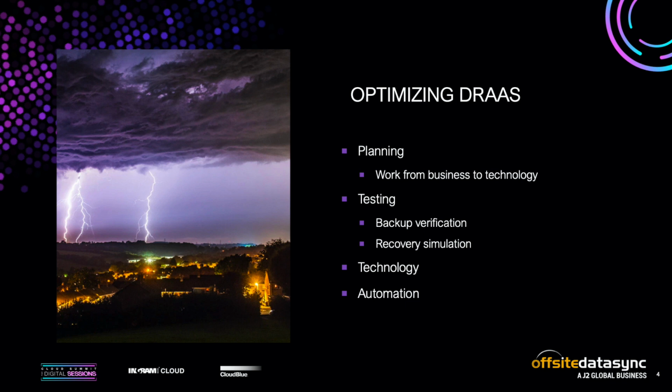The more complex the environment to recover, the more you need automation to create a runbook, an orchestrated script of everything that has to happen so that dependencies are in play. In my example of Exchange and AD, we know that AD has to come up first in order for Exchange to work, but for AD to work, you have to have DNS working, and you start having these dependencies. Automation takes care of all that and ensures a consistent and accurate recovery execution, if you will.